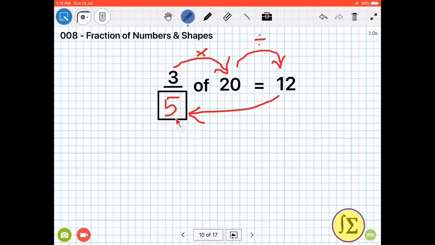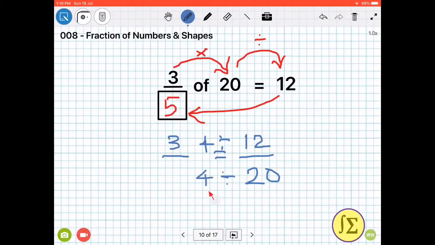The other problem, we need to find the denominator. 3 over, we leave this blank, equals 12 over 20. Okay, let's look at the relationship. 12 and 3, you divide by 4. 12 divided by 4, you get 3. So for equivalent fractions, we take the denominator 20, divide that by 4 also. 20 divided by 4, you get 5, which is the answer.